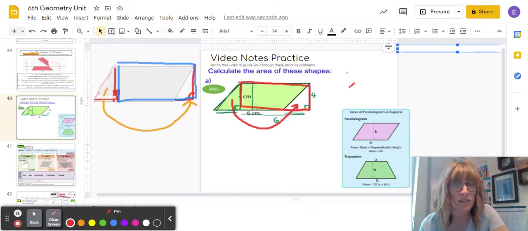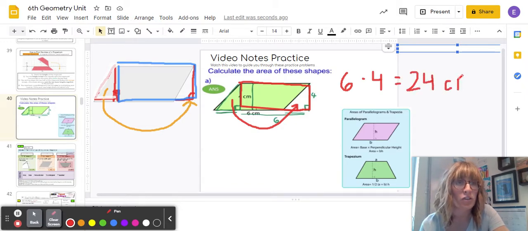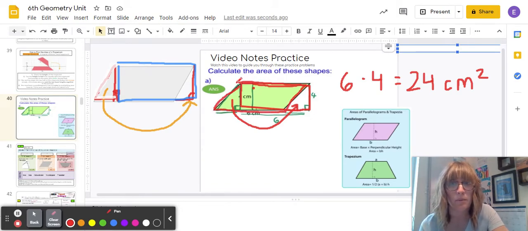To find the area, we're going to do our base, which is 6 centimeters, and we're going to multiply that by our height, which is 4 centimeters, giving us a total area of 24 centimeters squared, because we multiplied two dimensions together in order to find the area of the space inside the whole parallelogram.